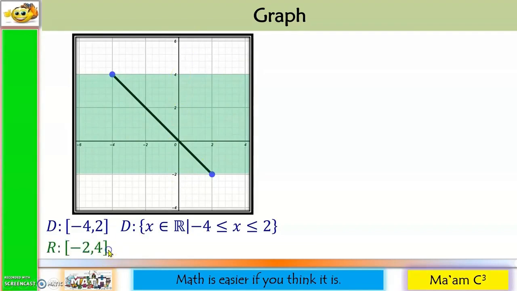We write it this way. Again, brackets because the two endpoints are shaded circles, meaning they are included in the solution set. Now, for the set builder notation. So, y is an element of real numbers because we are talking of range, that is y.